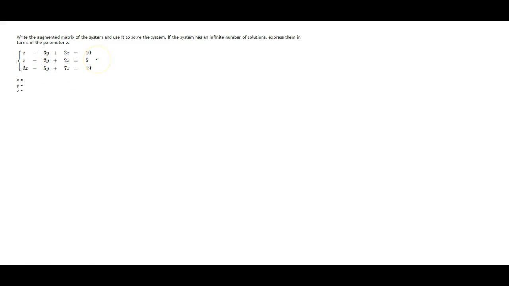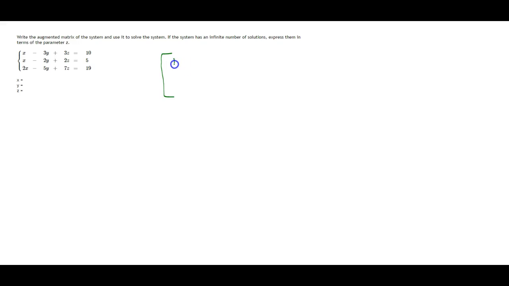So first thing I need to do is rewrite it as an augmented matrix, which we're going to do. So let me get my pen here. Remember, my augmented matrix is just the coefficients of the equation.